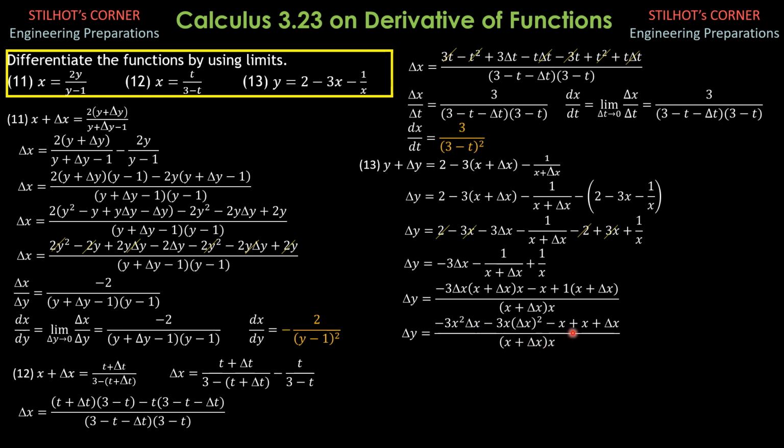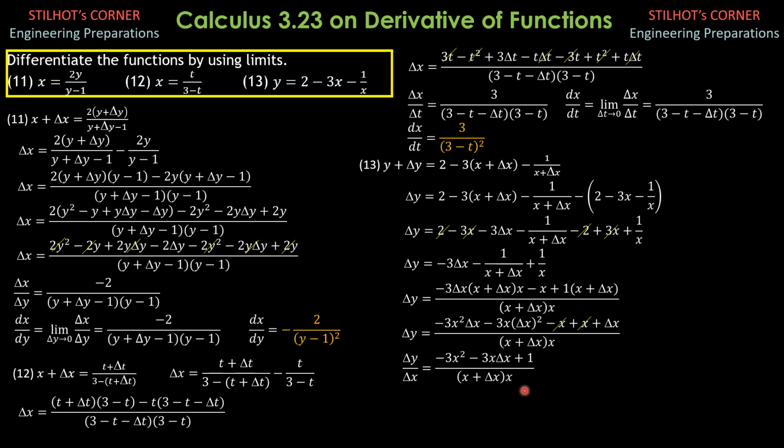So we can eliminate negative x and x, then divide everything by delta x. Delta y over delta x equals negative 3x squared minus 3x delta x plus 1 over x plus delta x times x.